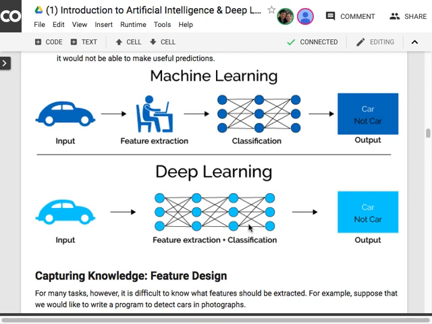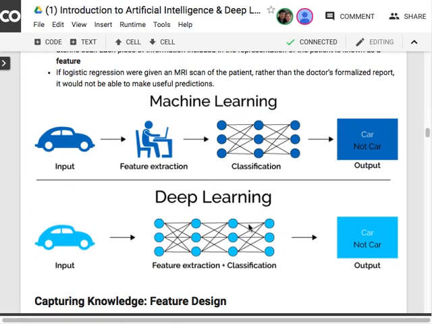But in the deep learning era that we are going to teach you here, they want to cross out this feature extraction part. We give them the raw data and let deep learning extract the features for themselves, okay?